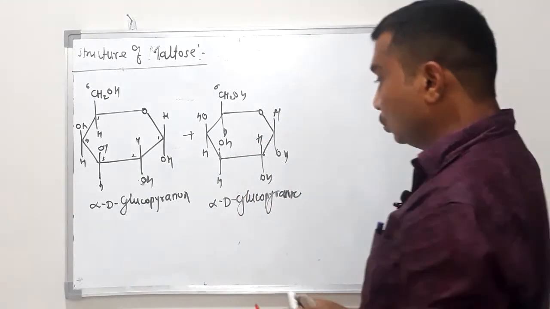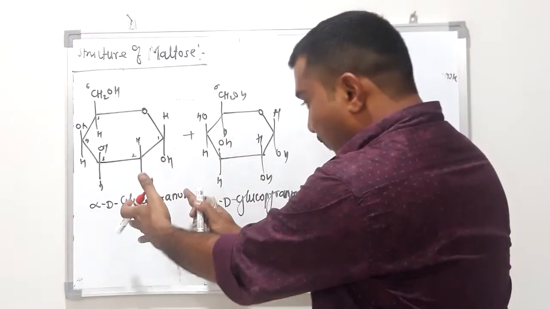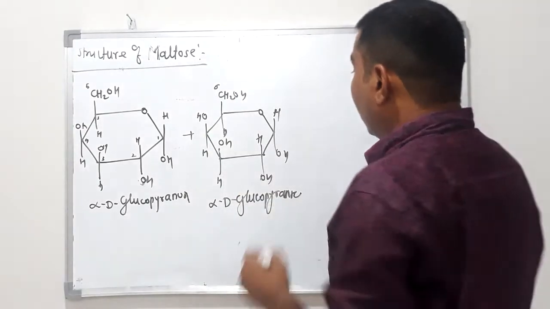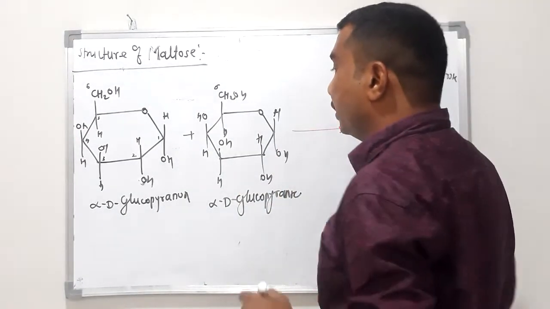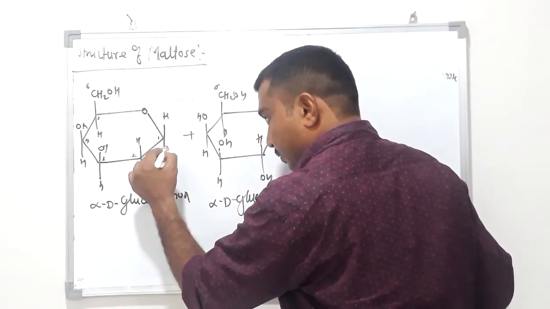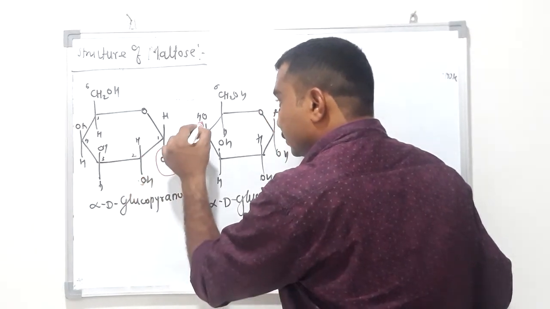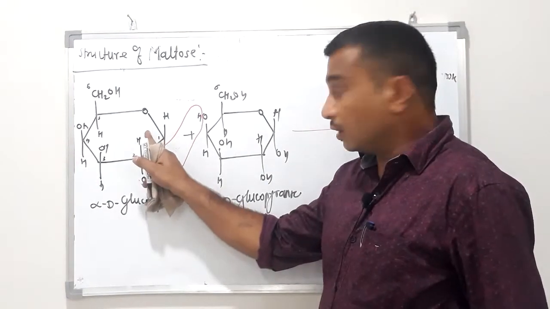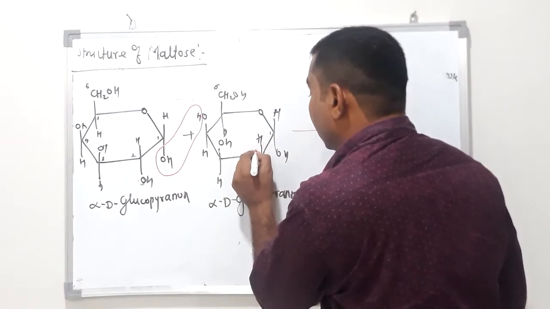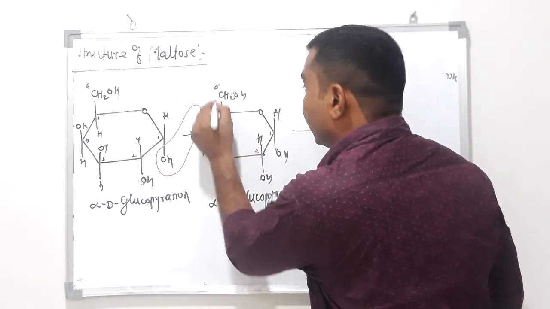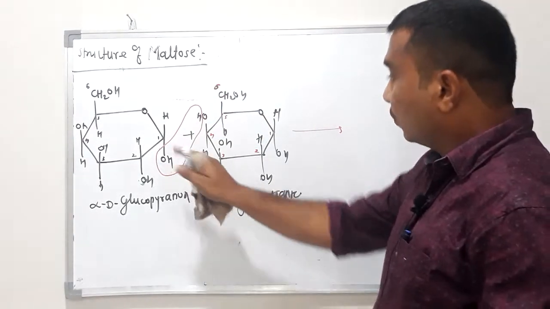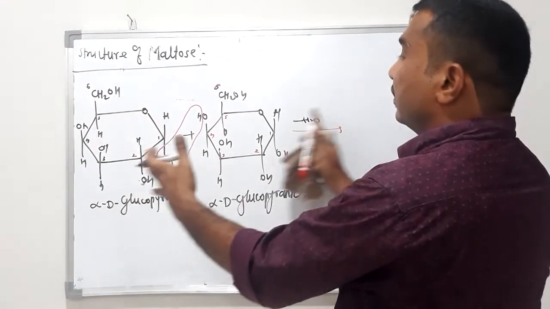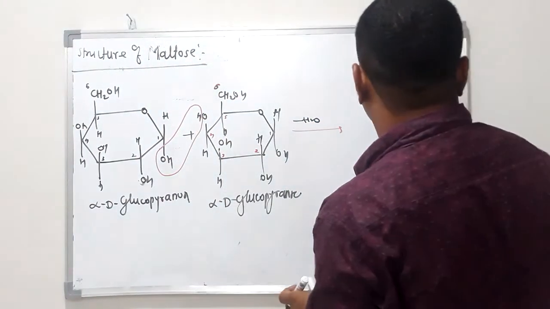These are the structures of the 2 alpha D glucopyranose monosaccharide molecules. In maltose there is a glycosidic bond between C1 of the first, this is the C1, and C4 of the second, the OH group of C1 and the OH group of C4. This will release a water molecule, minus H2O. Just combine them and you will get the structure of maltose.